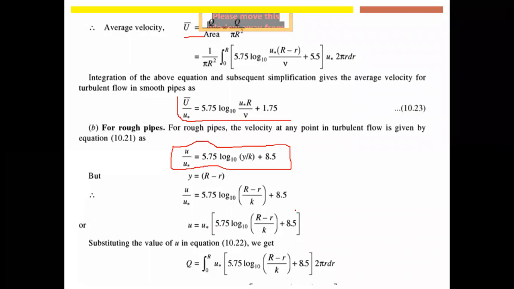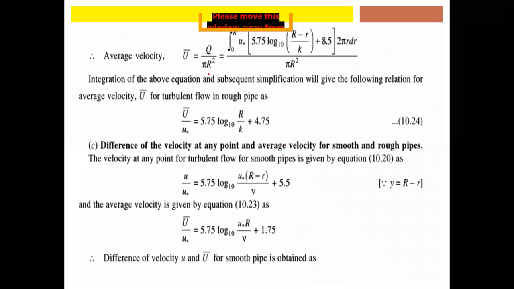Then substituting the value of u in the equation 10.22, we get Q is equal to the same thing into 2 pi r dr. Then keep on substituting, and the formula for the average velocity of the rough pipe is u bar by u star is equal to this formula.